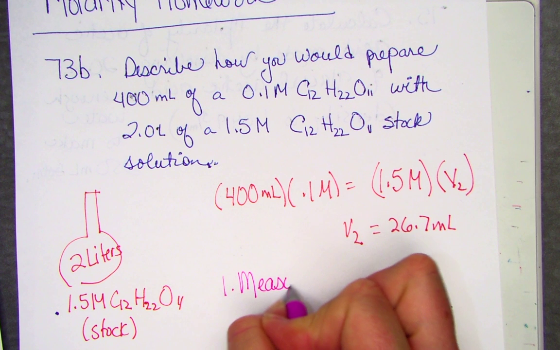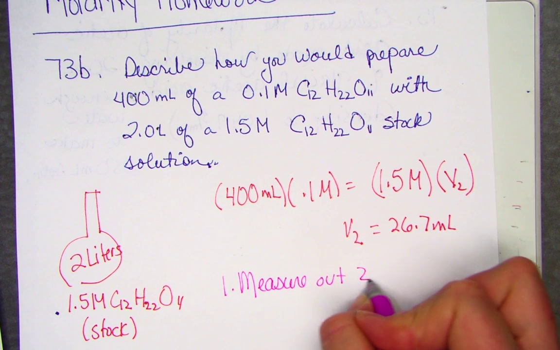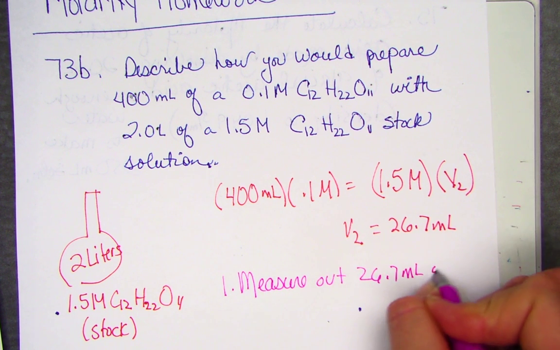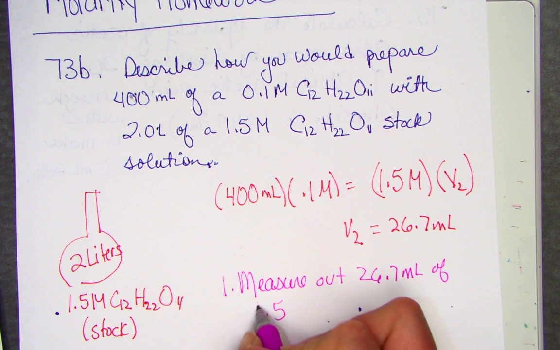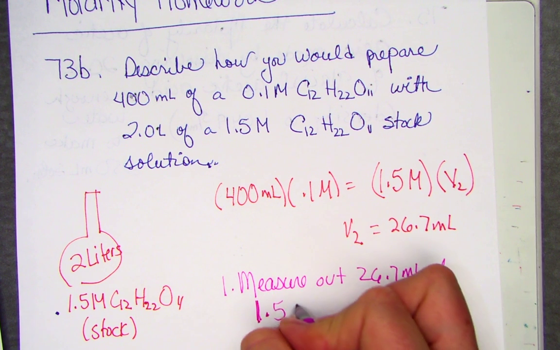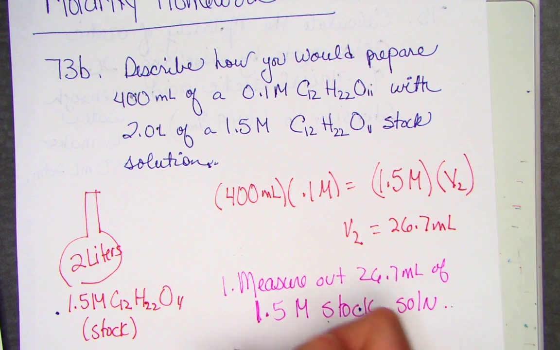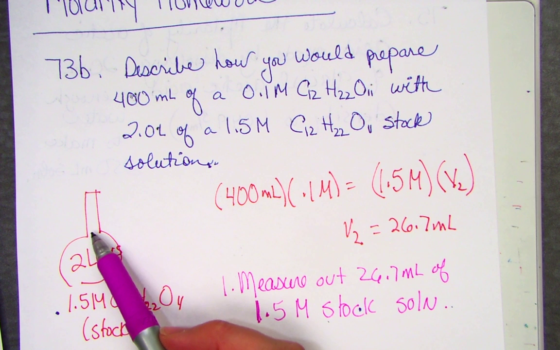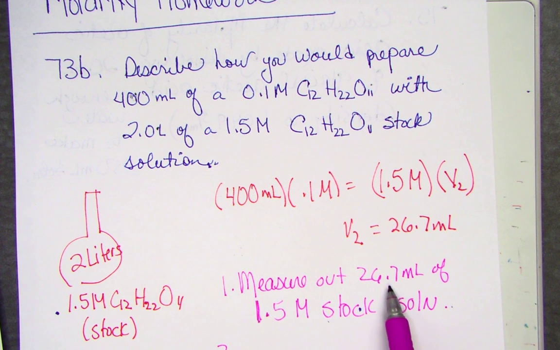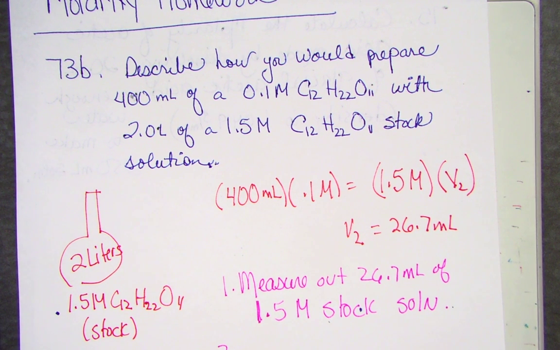Measure out 26.7 mL of the 1.5 molar stock solution. So from the 2 liters, I'm only going to use 26.7 milliliters of it. There's plenty of stock solution left over to put back on your shelf.